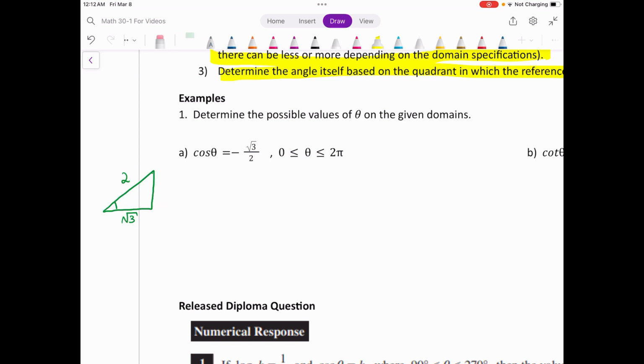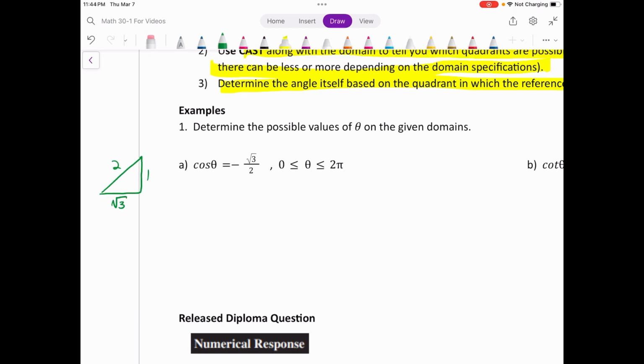Do you remember what goes here? A 1. So what angle goes there? That's the 30 degrees, right? But since we're told to work in radians here, pi over 6 is what we're going to use here. Okay, so pi over 6.